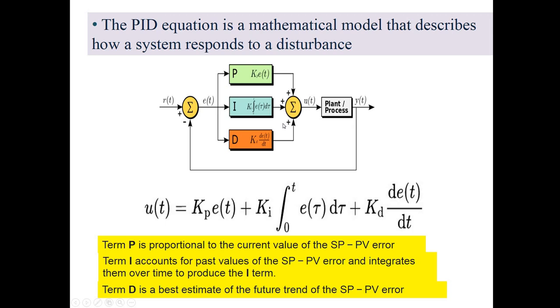Now the PID equation is a mathematical model that describes how the system responds to a disturbance. See the earlier diagram, the set point, now I call it r(t), the process variable I bring it here, and what you do is you implement a PID algorithm which looks like that.